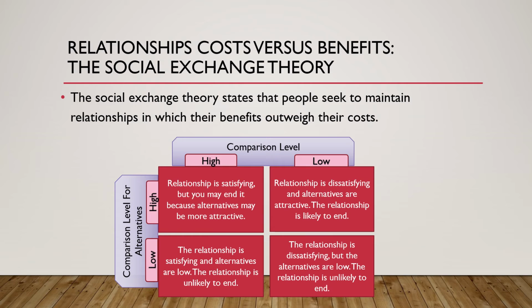So these two dimensions interact to create four situations, four determinations of whether or not a person is going to stay and work to maintain that relationship, or whether or not they may leave the relationship. So when our satisfaction is high, looking at the top left-hand box, when our satisfaction is high, but our comparison level for alternatives is high, it's a toss-up, right?